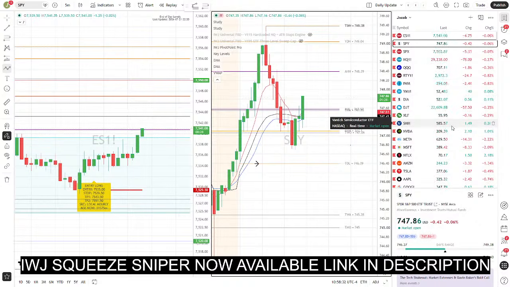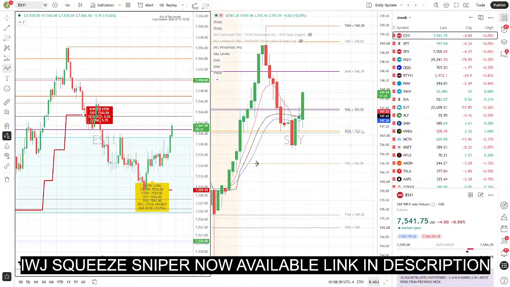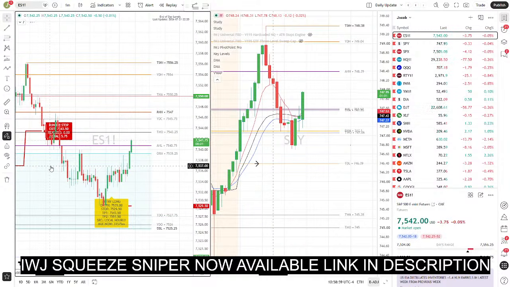Squeeze Sniper helped solidify that by giving you this run up here, and now it looks like they're about to hit their target here. They just need a couple more points. 743.50, so 2 points, and they're there. Which happened to be the last breakdown point. Shocking how that works. Basically, this month's open is the line.